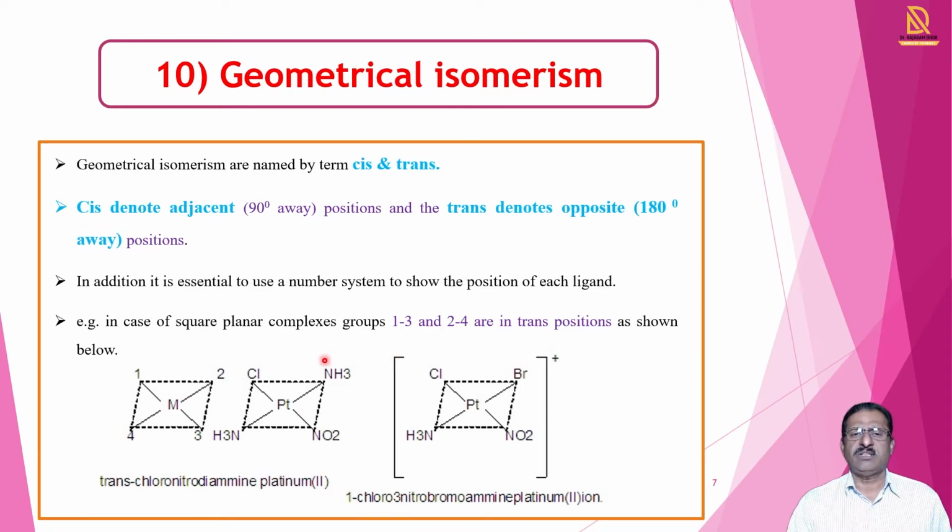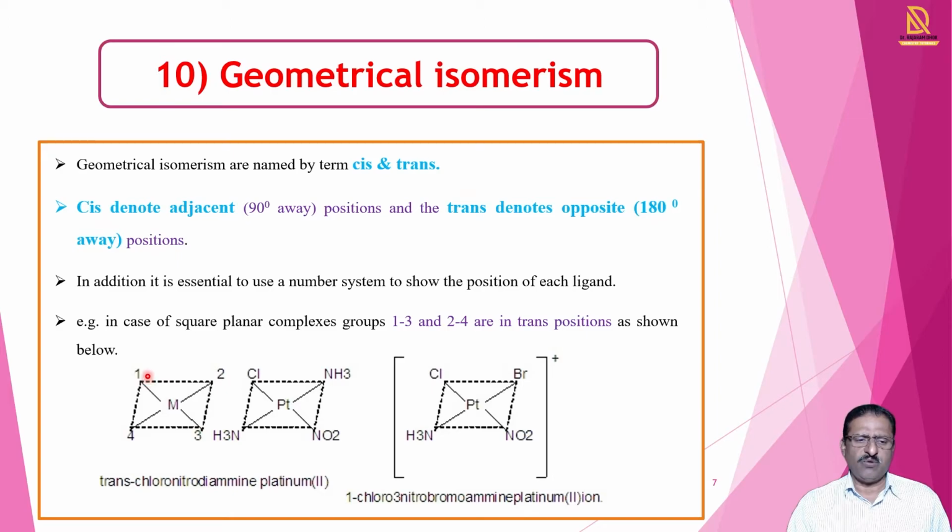We take one example, from which you get the idea. You see, this is a square, and the metal is present at the center and four ligands are attached at the four positions of that square. In that case we give the number 1 to any one of the ligands, and the other numbers, 2, 3, 4, are given sequentially to the other ligands.